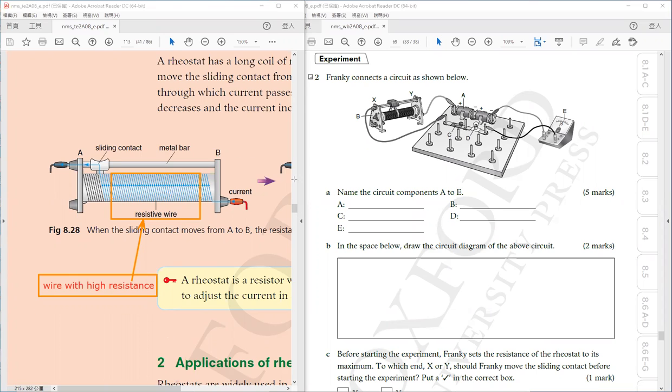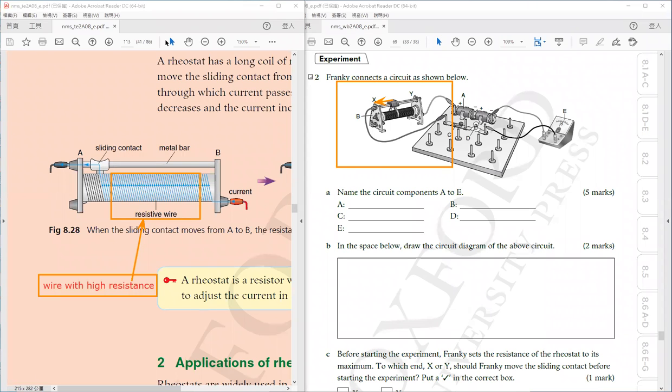So the sliding contact, just like in the workbook, when the sliding contact moves towards X, then the total resistance is very high.